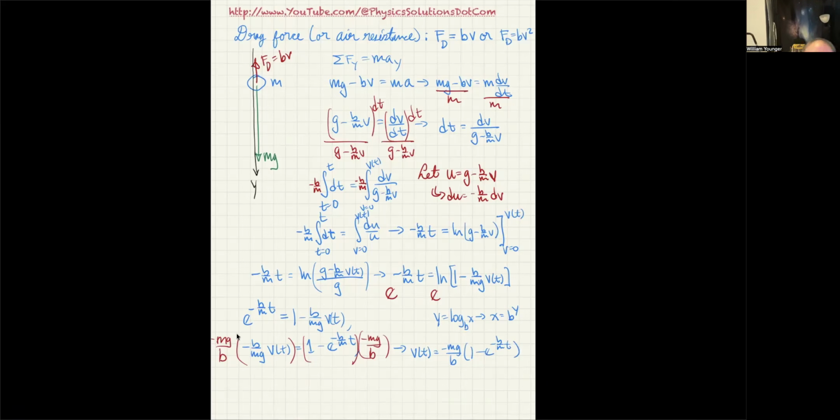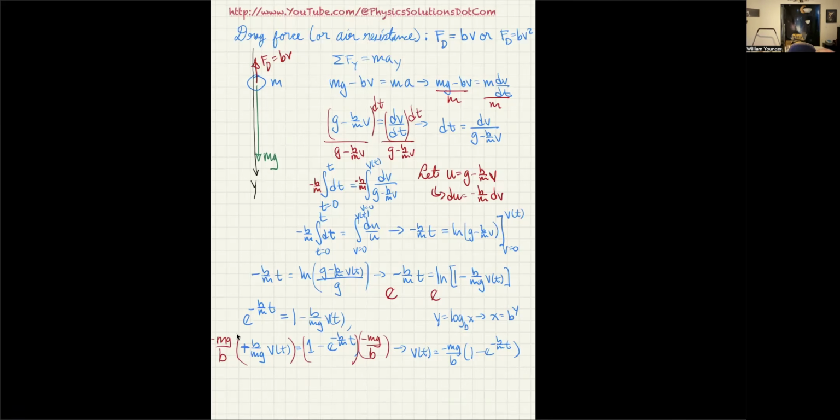So we're pretty close there. And I can go ahead and change the order of this. I don't know why I got a minus now. Let's see here. Oh, I remember. Sorry about that. When I pulled the b over mg times v of t to the left, that should have made this positive.